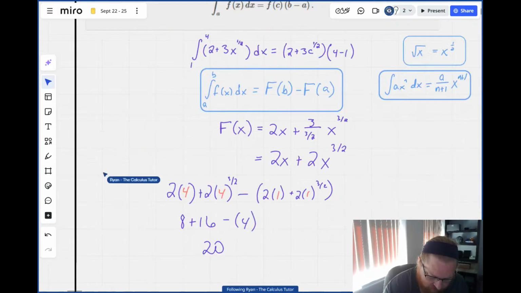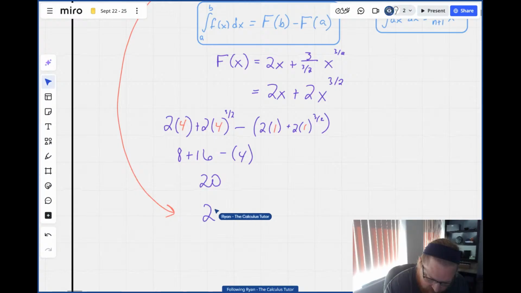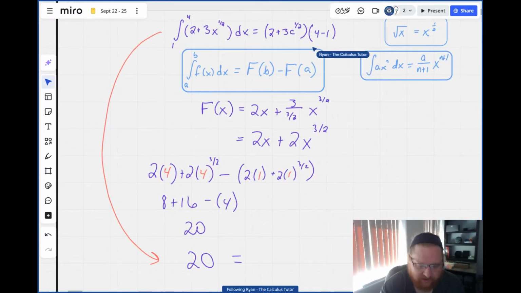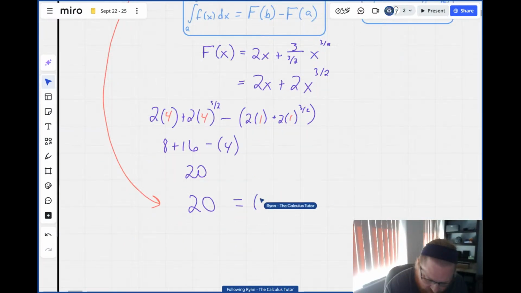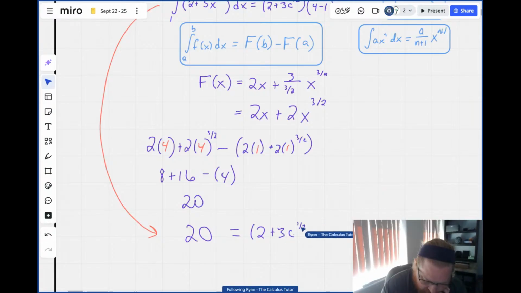So now, if you're trying to follow along, we're going to jump back down. And we can say that this is 20 equals, and now over here we need to simplify some stuff. 4 minus 1 is 3. I guess we may as well start there. So we'll do 2 plus 3c to the 1/2 times 3.